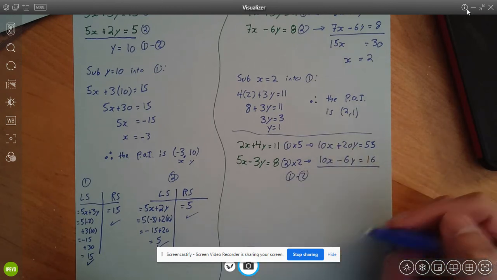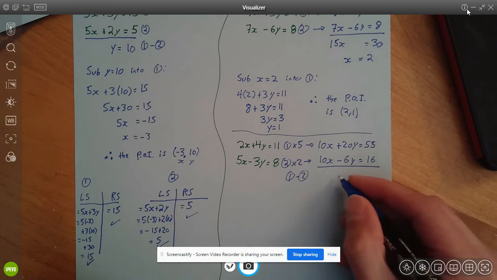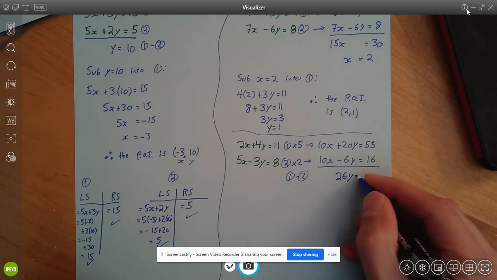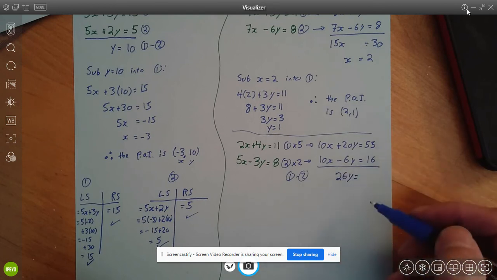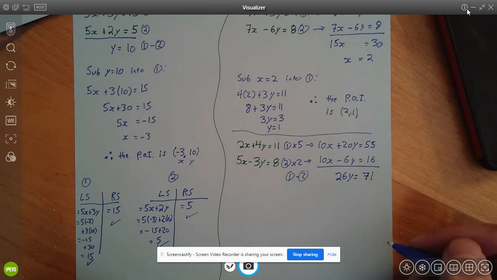10 minus 10 is 0. Here we've got to be really careful with our signs. 20 subtract negative 6 is the same as 20 plus 6, so I've got 26y. And then 55 plus 16 will give me 71.